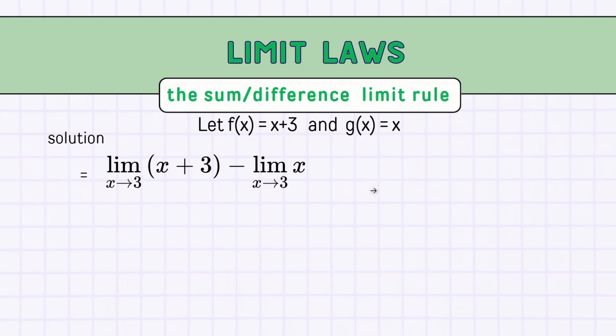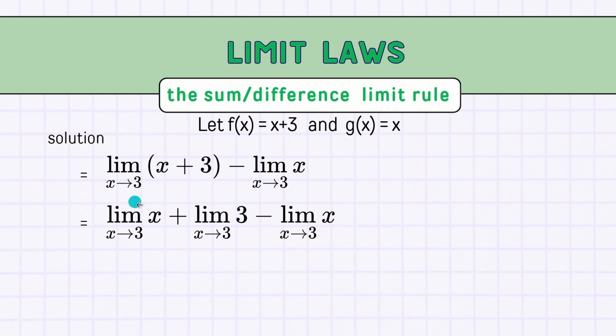Now we can apply the difference rule again here. So it will be the limit of x plus the limit of 3 minus the limit of x. Again, we can use the constant rule and the identity function rule. The limit of the first term will be 3, the limit of the second term will be 3, and the limit of the last term will be 3.